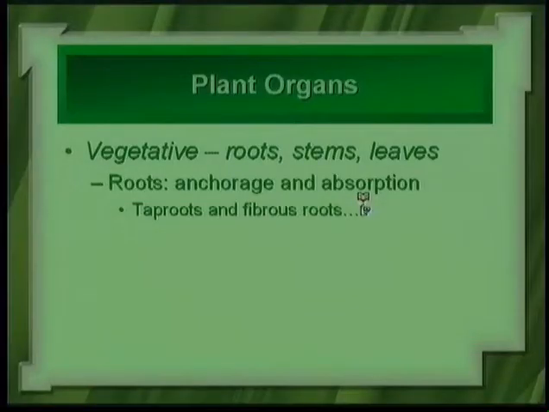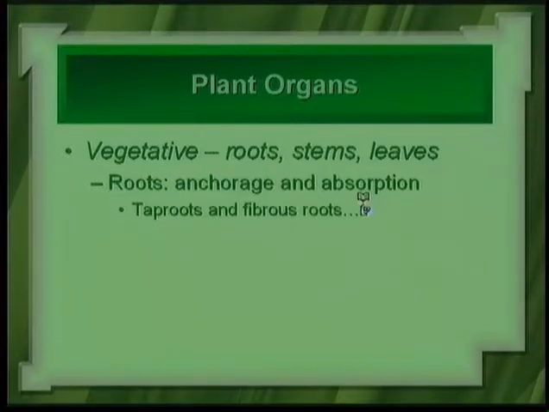A second function, these are the 2 main functions of the roots, anchorage and secondly, absorption. The second main function of a root is to absorb water and dissolved substances that the plant needs, of course. We also have tap roots and fibrous roots if the plant develops the roots from a seed.